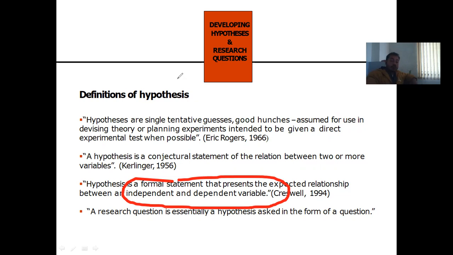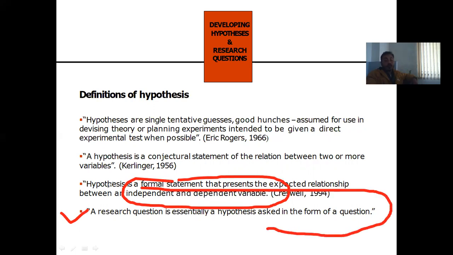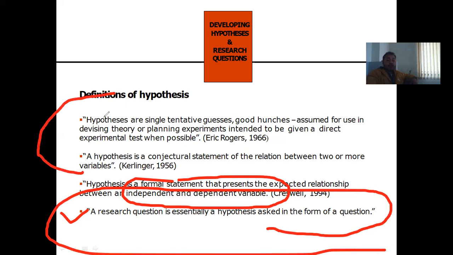So the third definition says that a research question is essentially a hypothesis asked in the form of a question. From the first definition we got that hypothesis is the way of devising a theory through experimental analysis. From the second definition, we got that it tries to establish a relationship between two or more variables.